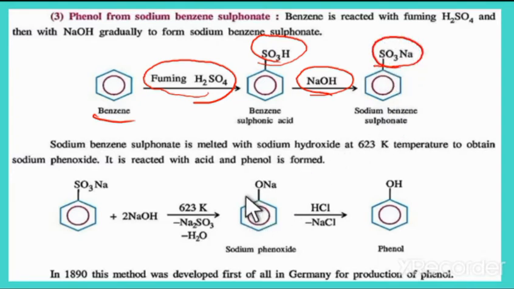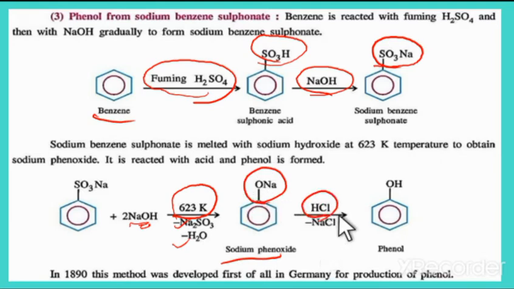Now the sodium benzene sulfonate is treated with a strong base like sodium hydroxide at a high temperature of 623 Kelvin, so it loses sodium sulfite and water to form sodium phenoxide. Now the sodium phenoxide is treated with hydrochloric acid, which loses sodium chloride and gives phenol. So this is the industrial preparation method for phenol.